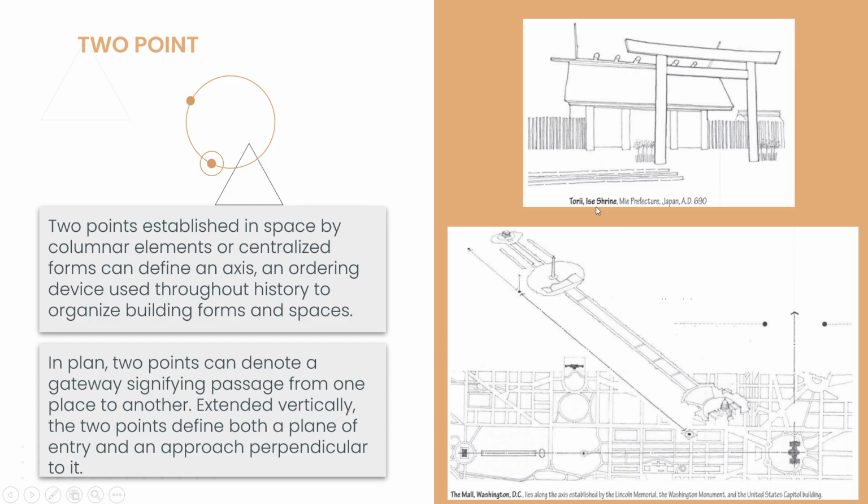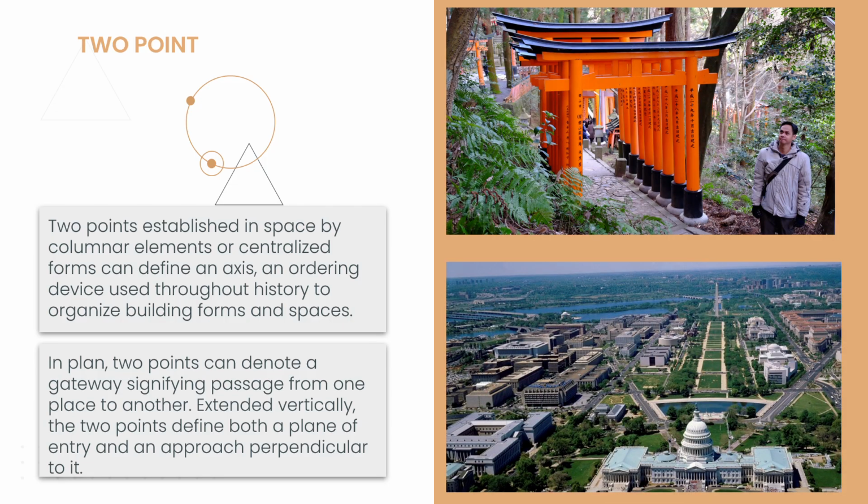So for the Torii Gate, like this one, you have to put it here and put it here. You create a horizontal line on top to create the gate. And also the point here and the point there is depicting the physical world and the afterworld. So like this one.